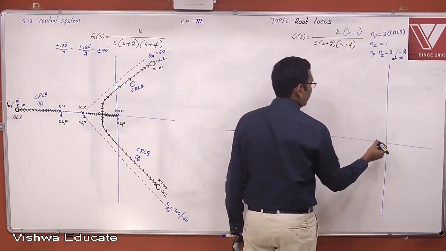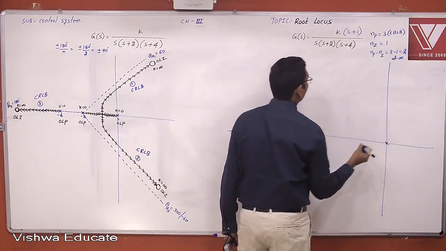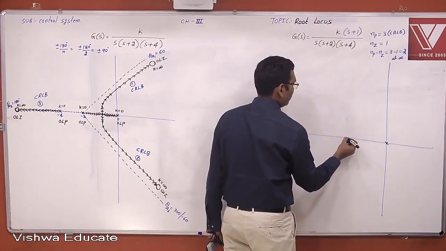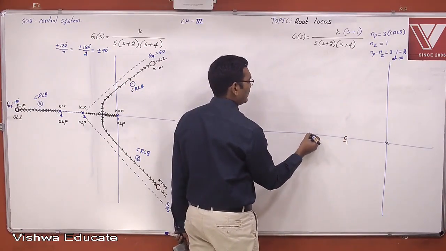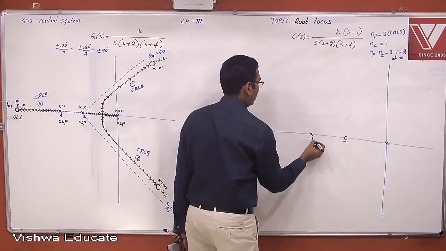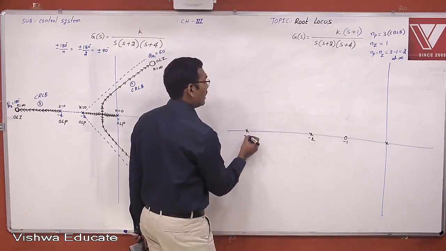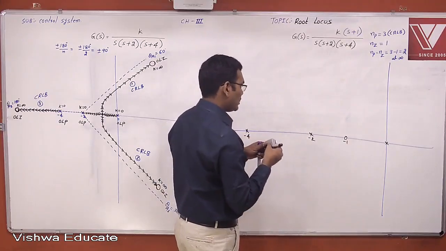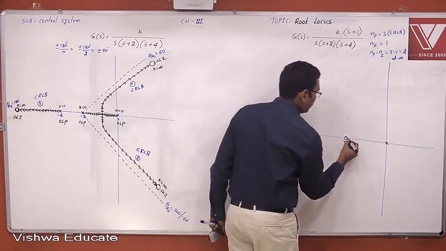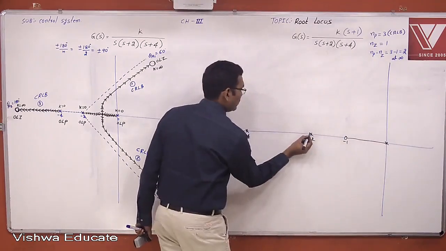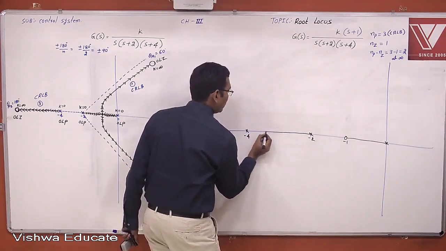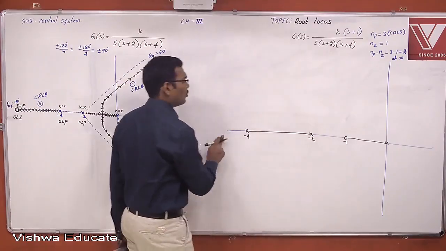So 1 pole is at the origin, 1 0 is at minus 1, 1 pole is at minus 2, and 1 pole is at minus 4. Identify the root locus branches first. This is a root locus branch, no root locus branch, there is a root locus branch here, and no root locus branch.